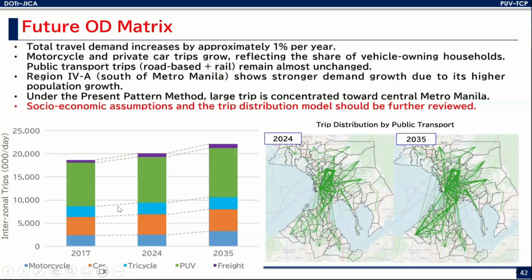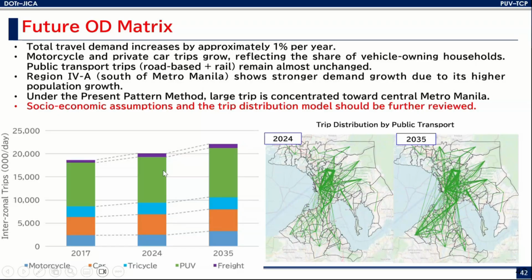From this result, the total travel demand increases by approximately 1% per year. Motorcycle and private car trips are growing, reflecting the share of vehicle-owning households. On the other hand, public transport trips remain almost unchanged because the total population also increased.